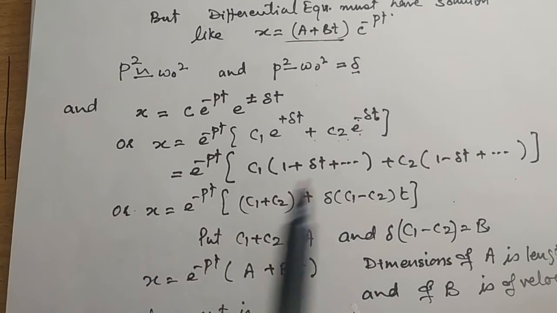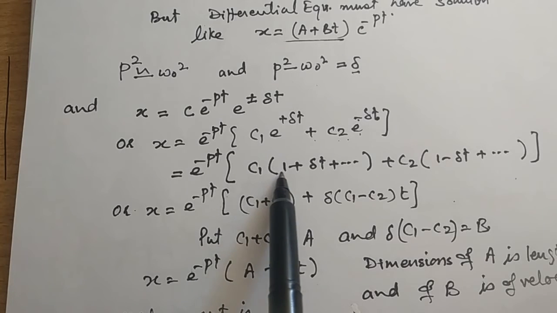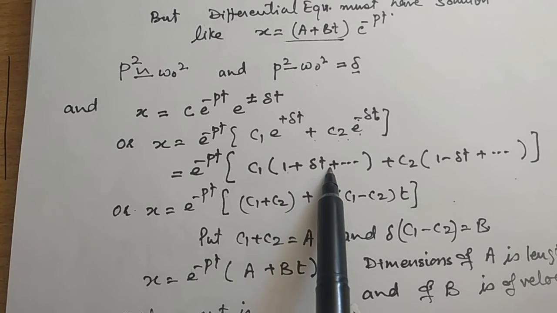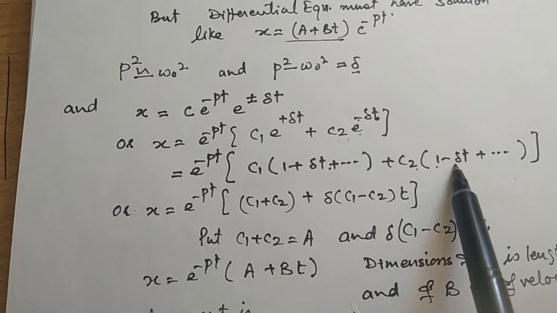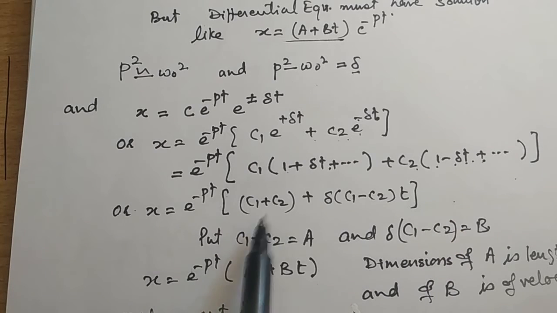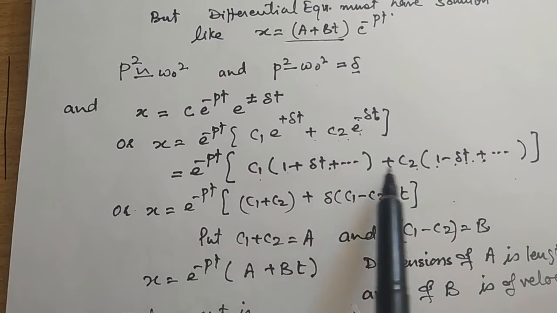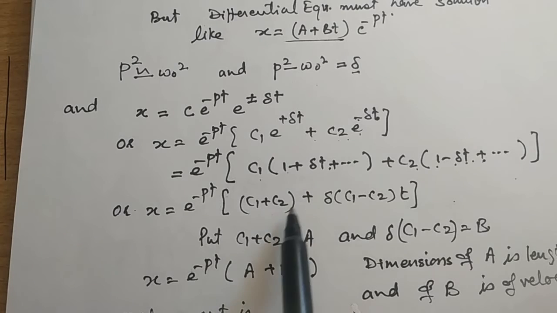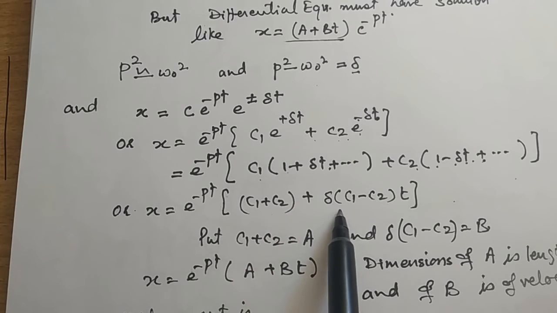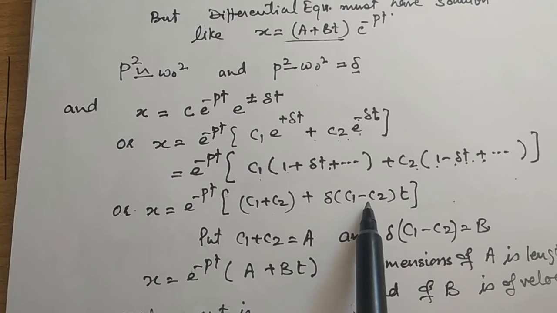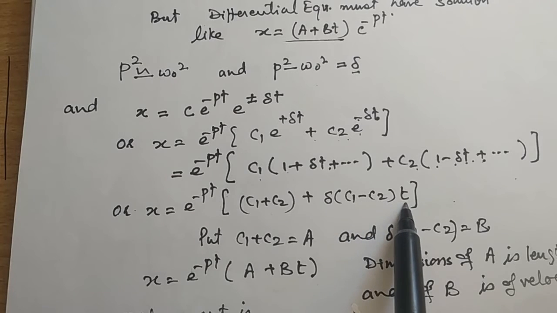And solving this, we get C1 plus C1 delta t, plus C2 minus C2 delta t. We take C1 plus C2 without t here, plus delta t times C1 minus C2 into t.